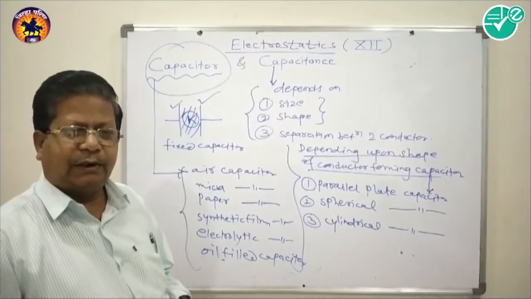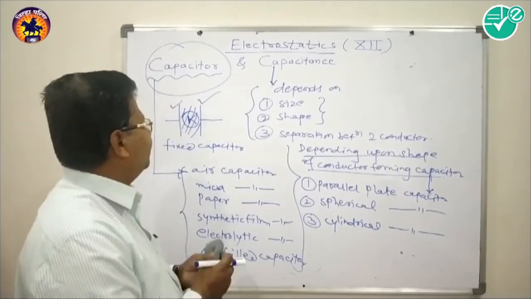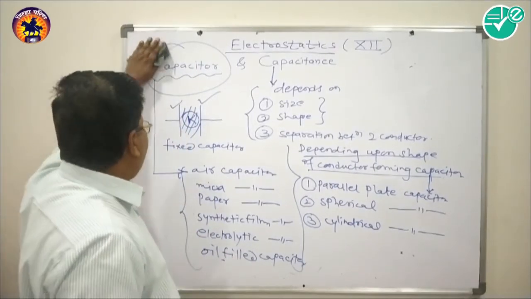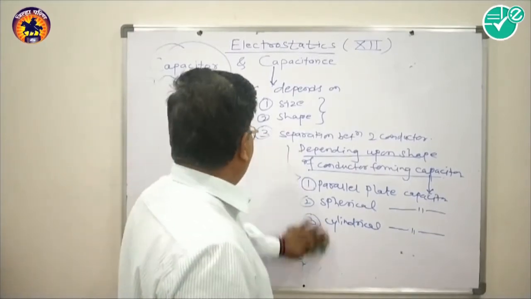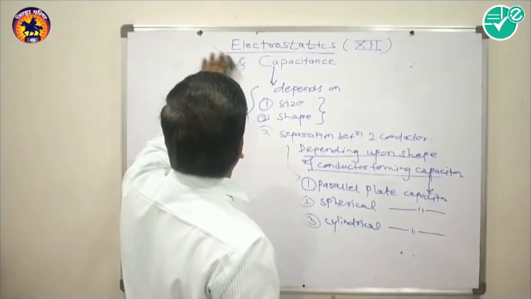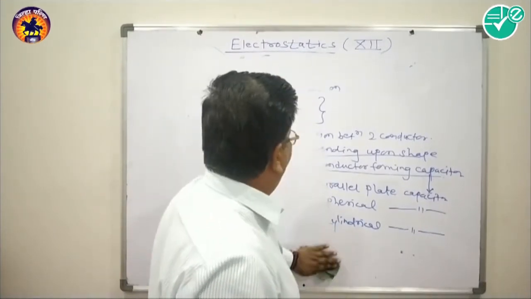So depending upon the shape of the conductors which form the capacitor, there are three types: spherical capacitor, parallel plate capacitor and cylindrical capacitor.